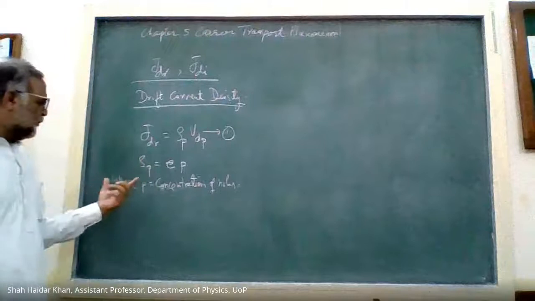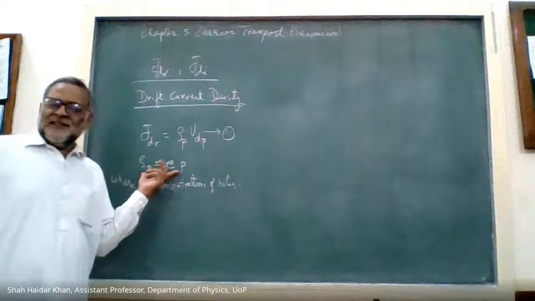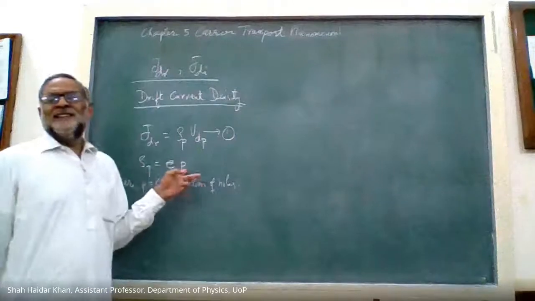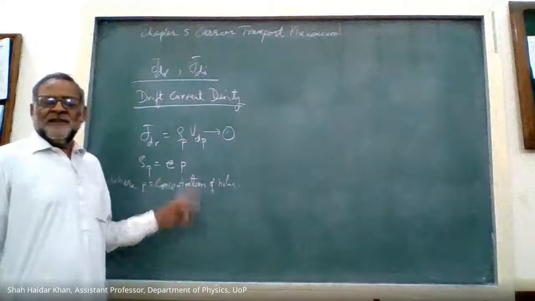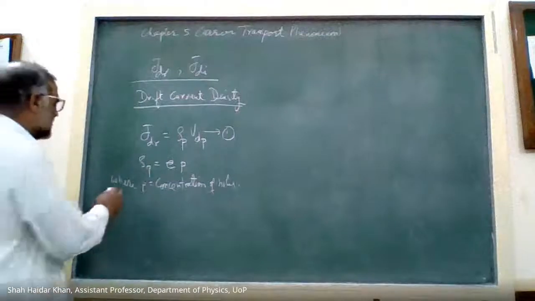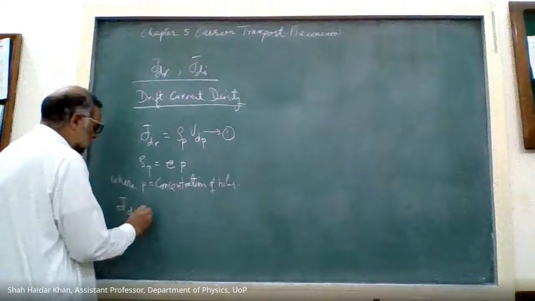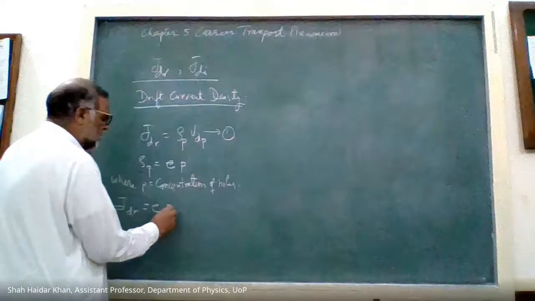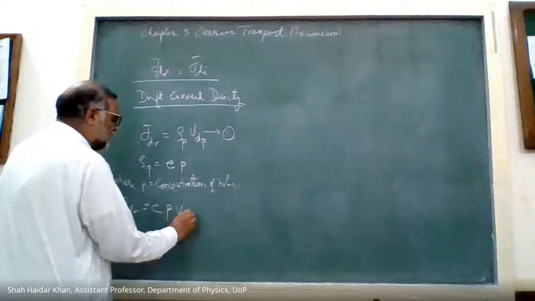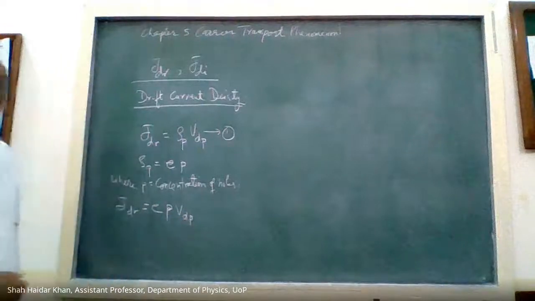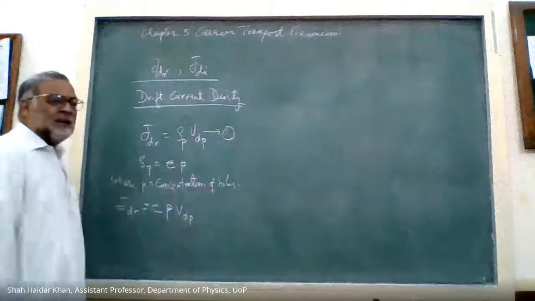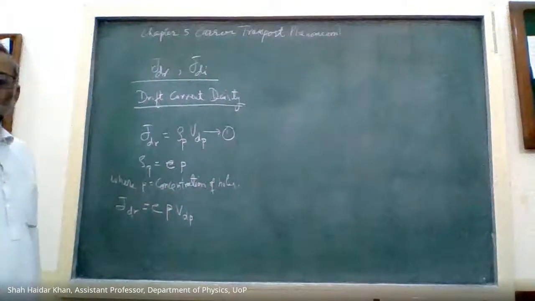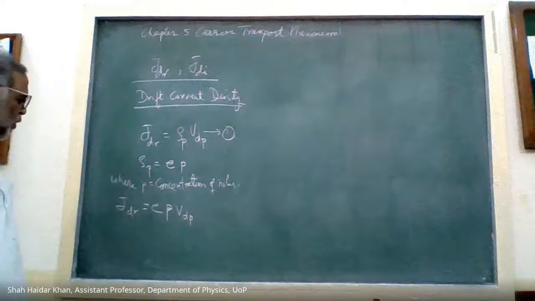So now we can write the current density as the charge of an electron multiplied by the number density of holes. Or we can write the drift current as equal to e p v_dp, where v_dp is, as we said, the velocity or the speed of the drift velocity of holes.